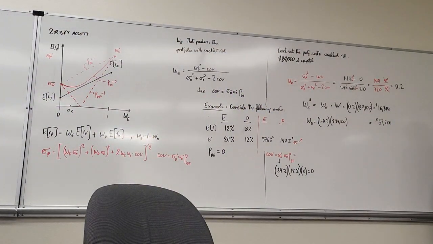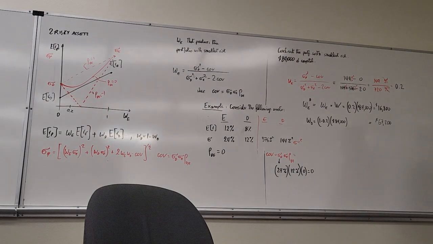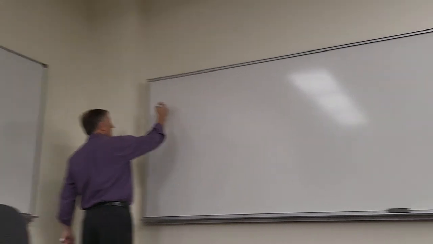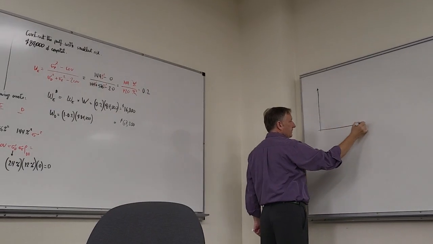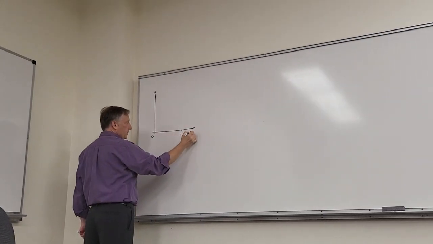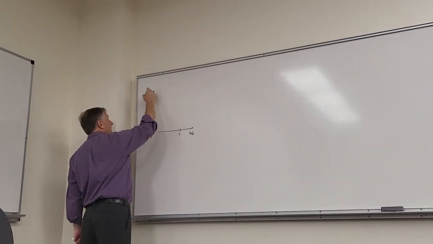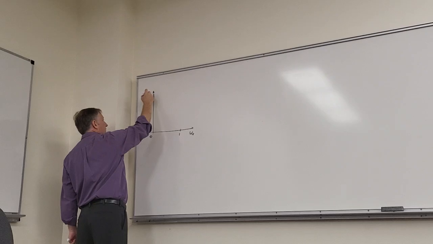So, where are we going to go with this? Let's suppose, I think we got here last time, and that's where we stopped. This is 0, 1, weight of equity. And let's focus on risk here.